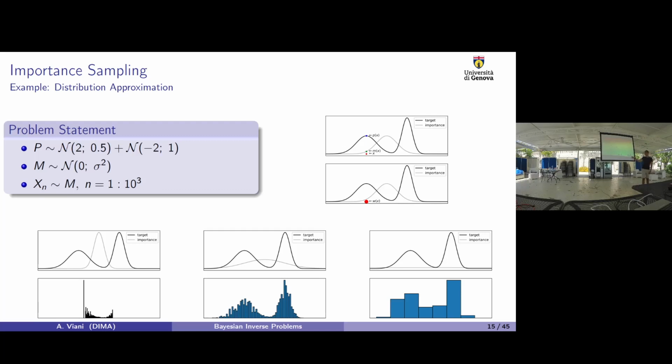And this is why the bins are so huge, the basis of the histograms. And here it's a good choice for the importance distribution, and we see that we can reconstruct the whole posterior.